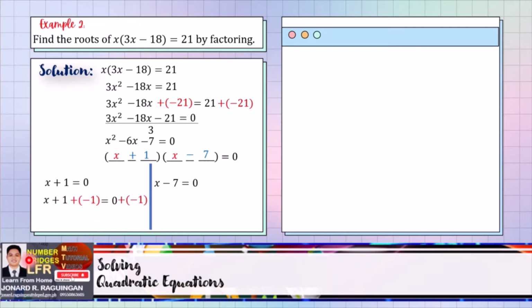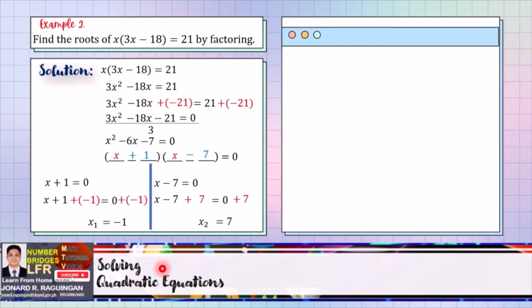Then simplify, x sub 1 is equal to 0 plus negative 1, which is negative 1. For x minus 7 is equal to 0, by the addition property of equality, add positive 7 to both sides. Then simplify, where x sub 2 is equal to 0 plus 7, which is 7.